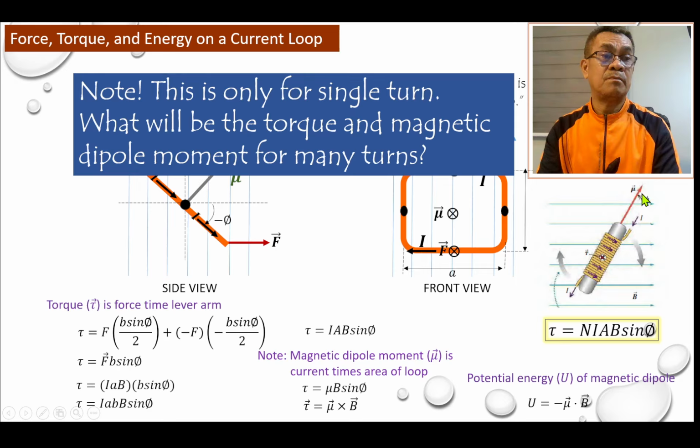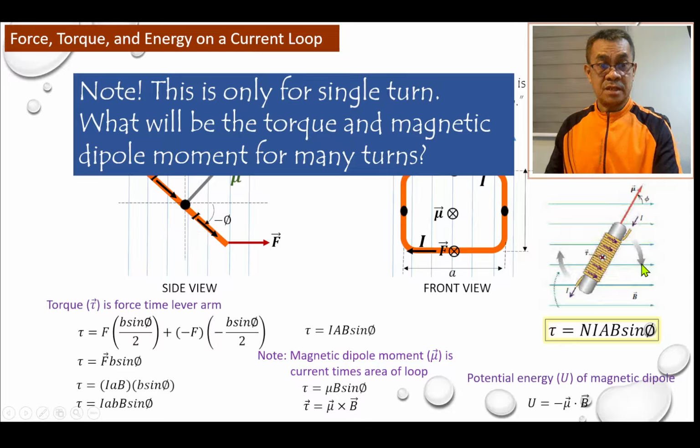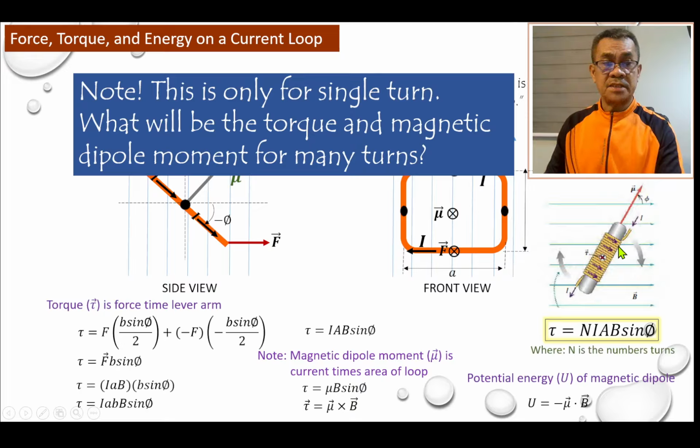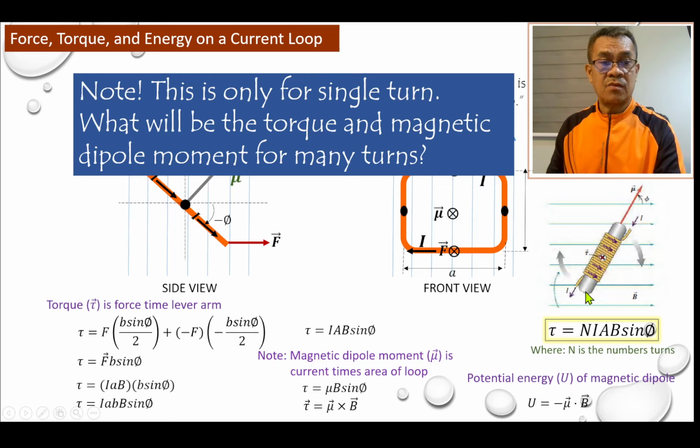The dipole moment has an angle from the magnetic field, shown in blue. These are very important factors in order to calculate the torque. So this system will rotate in the clockwise direction. If the current reverses its direction, it will rotate in the opposite direction, counterclockwise.